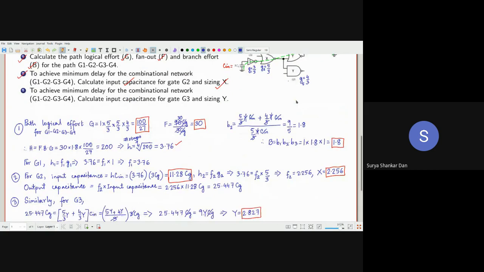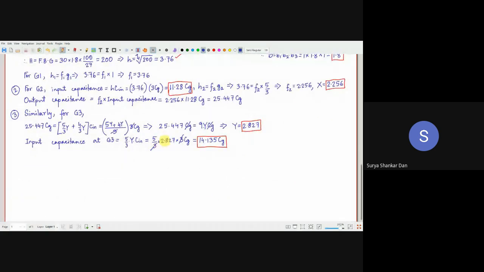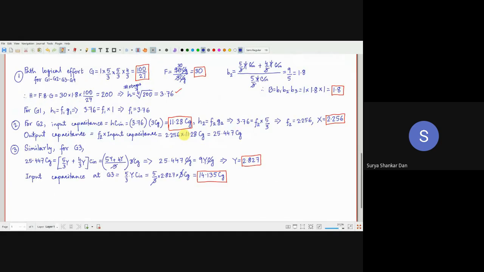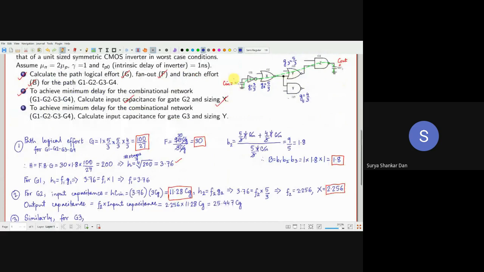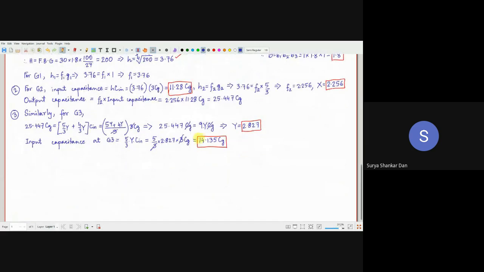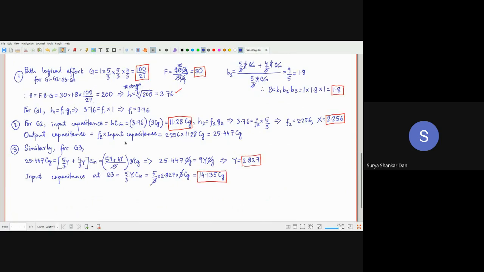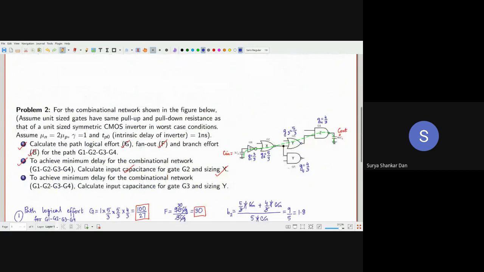Okay, that will be the logical effort 5 by 3 into this Y, 2.827, into the C in, 3 Cg. Okay, then this is the value. So that basically completes our tutorial.